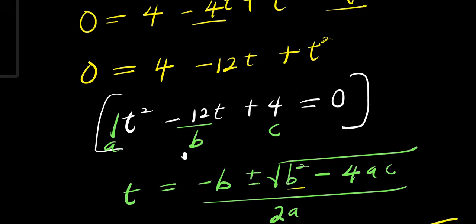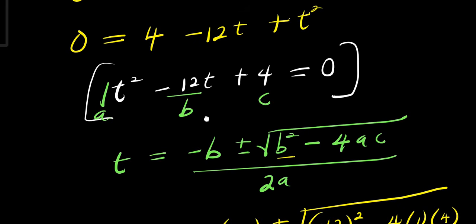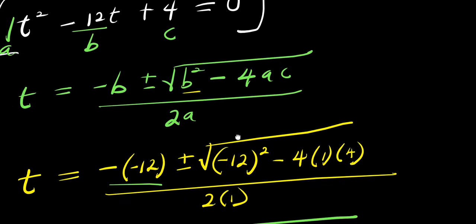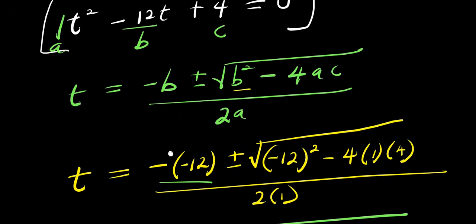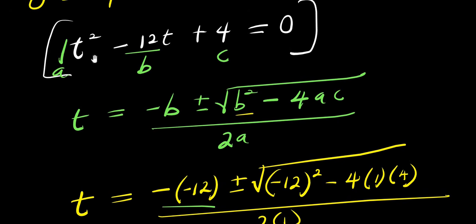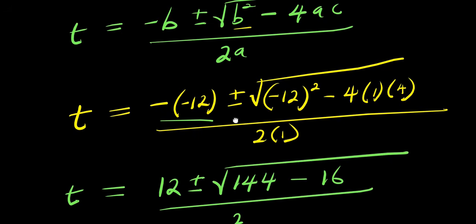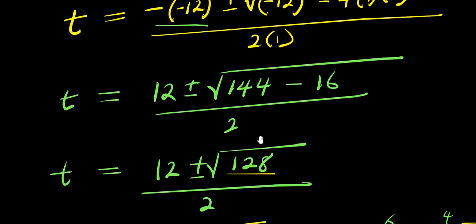We collected like terms and formed a quadratic equation in which we made use of the formula method to solve. The values of a, b, and c are gotten from this equation, which is a, the coefficient of t squared, b, the coefficient of t, c, the 4. We inserted them here, and t equals this.